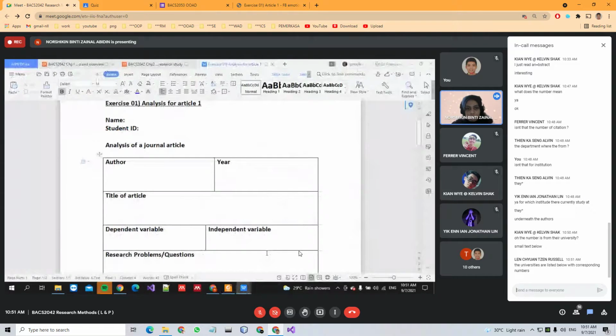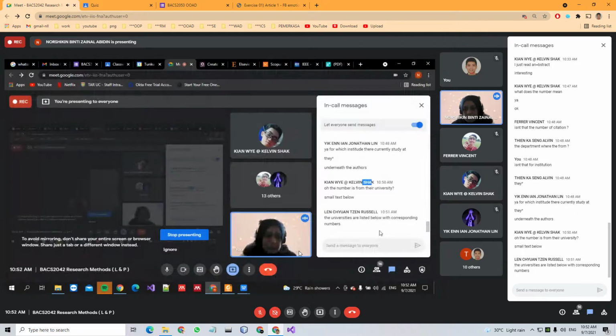And then next we have the title of the article. The universities listed below are based on the corresponding numbers. That's one of the methods to write the university.